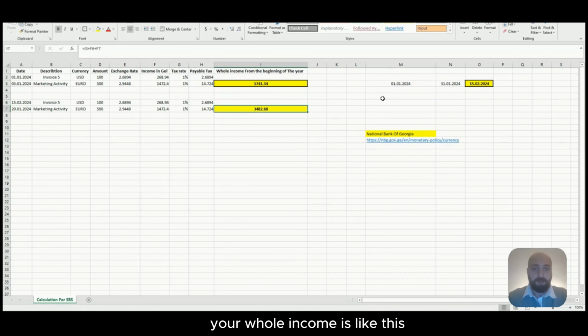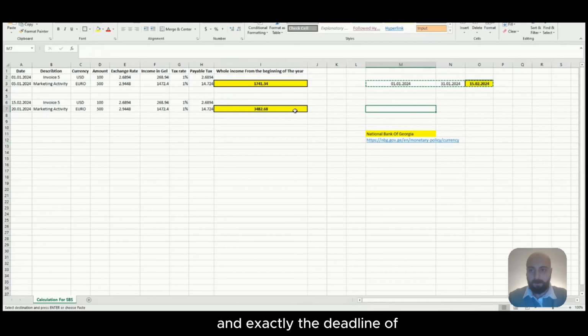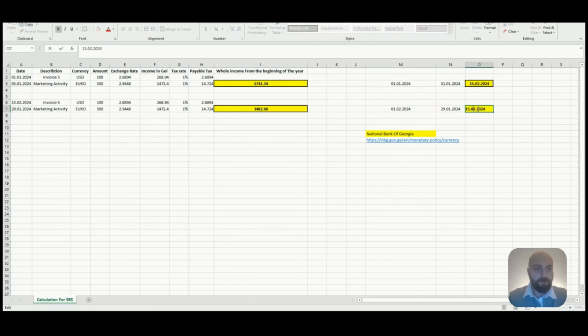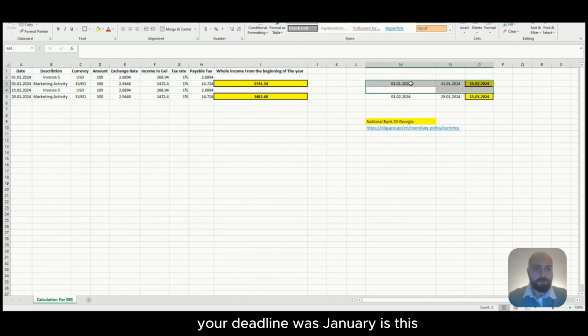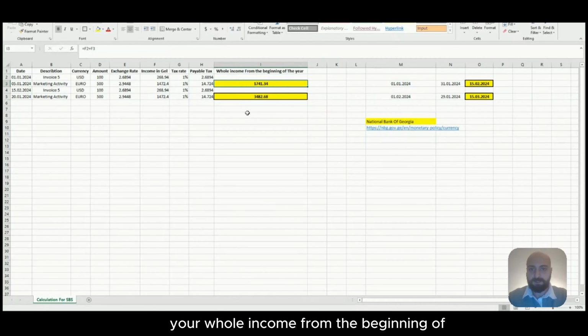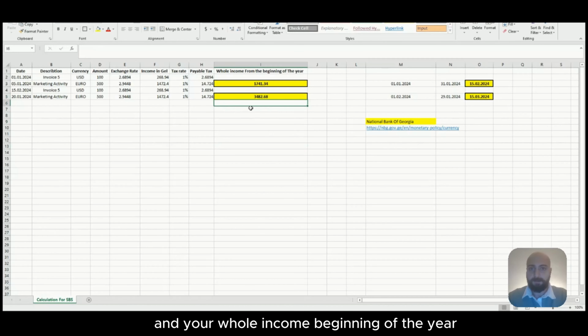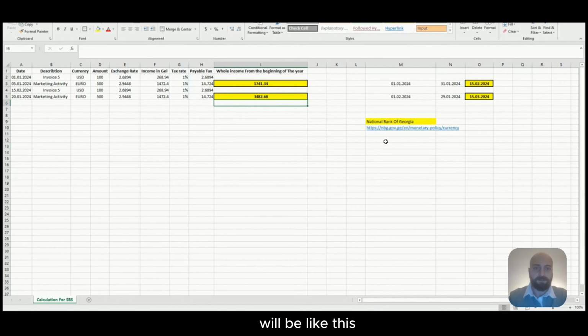And the deadline for February is before the 15th of March. Your deadline for January is this. Your whole income from the beginning of the year is like this, and for the next month it will be like this. Yes, that's it.